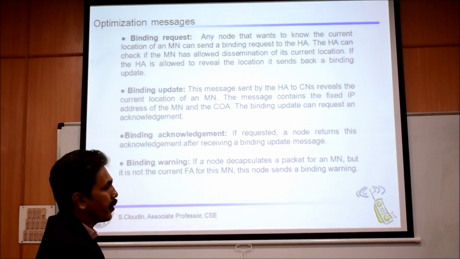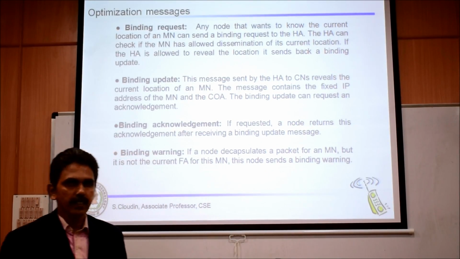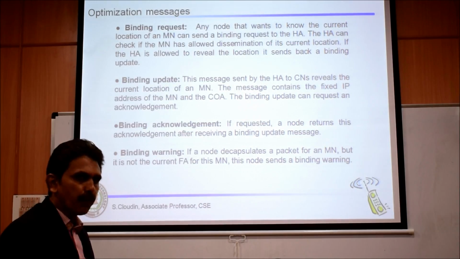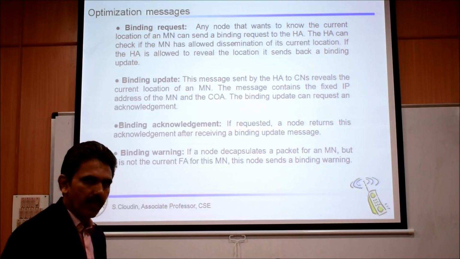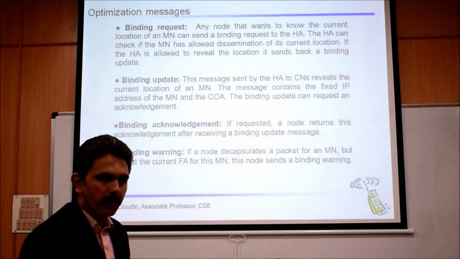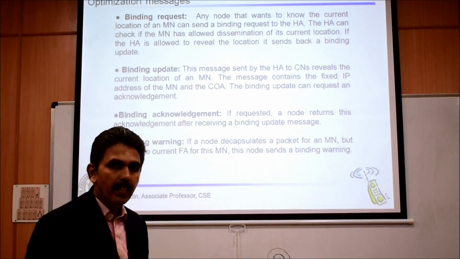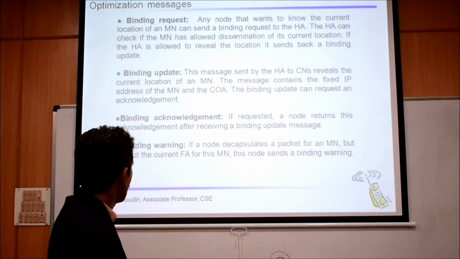The binding update will be given by the home agent to the correspondent node with the permission of the mobile node. The important thing to keep in mind is that the mobile node should give permission to the home agent to reveal its location. Then only will the binding update work.